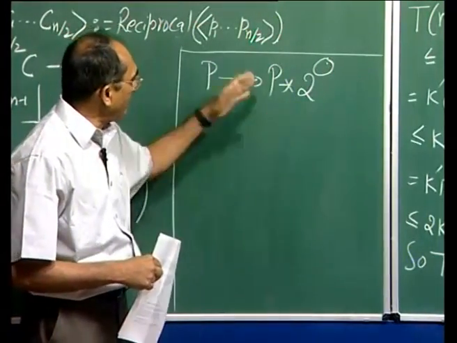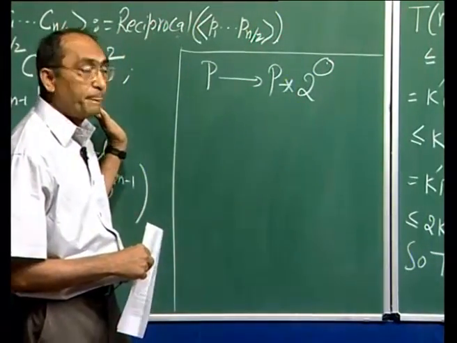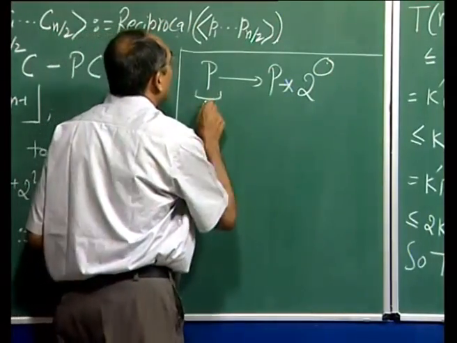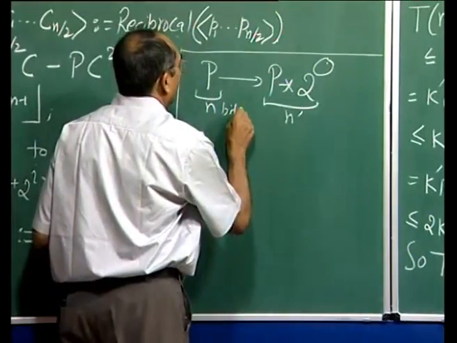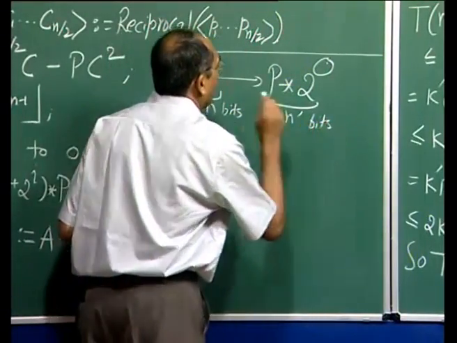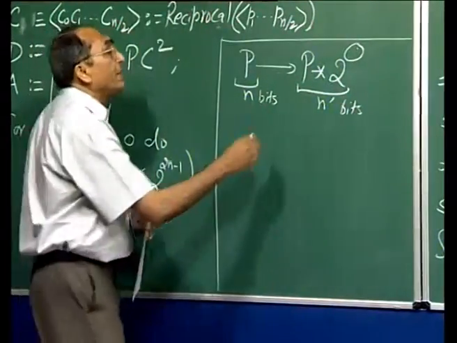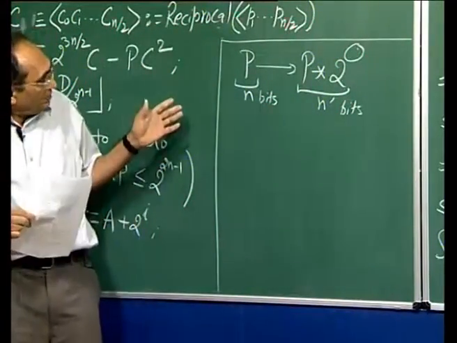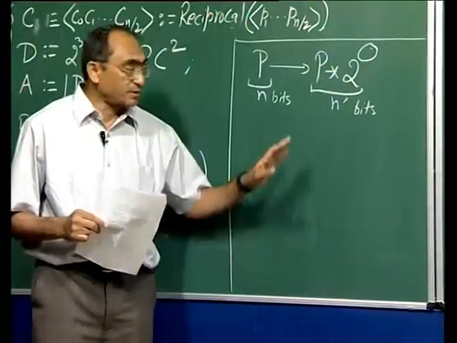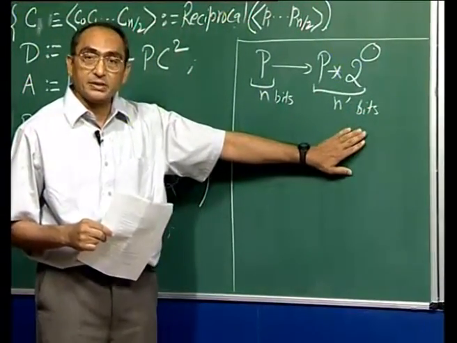You go there and then call this procedure. So if this was n bit, now this is some n prime bits, and the reciprocal will give me n prime bits of accuracy. So therefore, this procedure does not stop us from getting higher accuracy also.